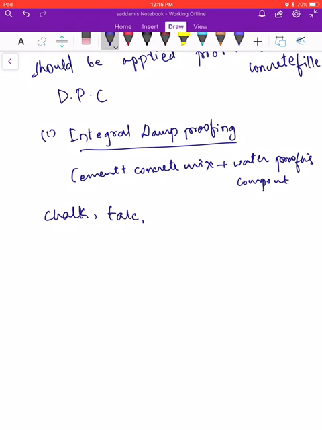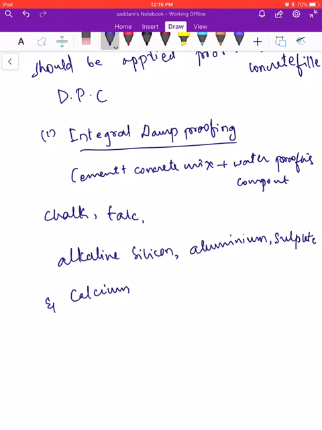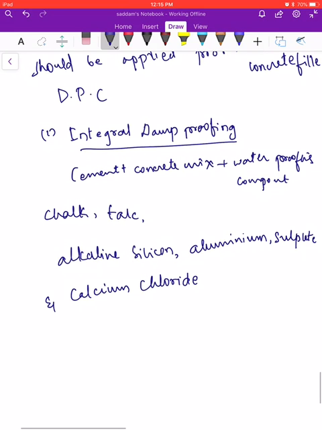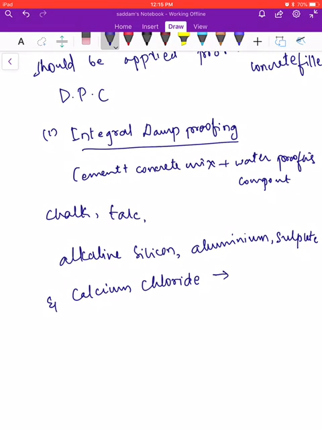Also compounds like alkaline silicon, aluminium sulfate, and calcium chloride. What they do is they react with the concrete to produce waterproofing concrete.